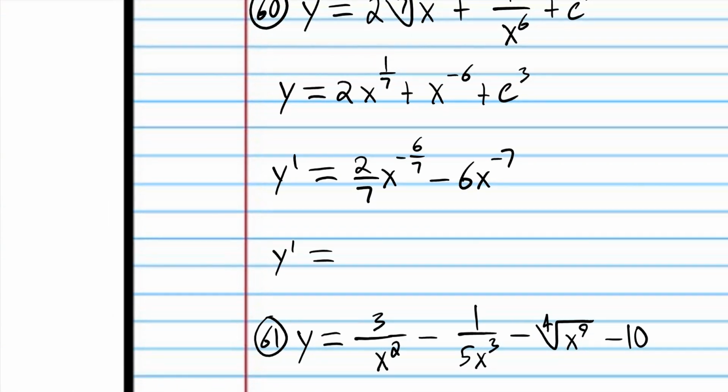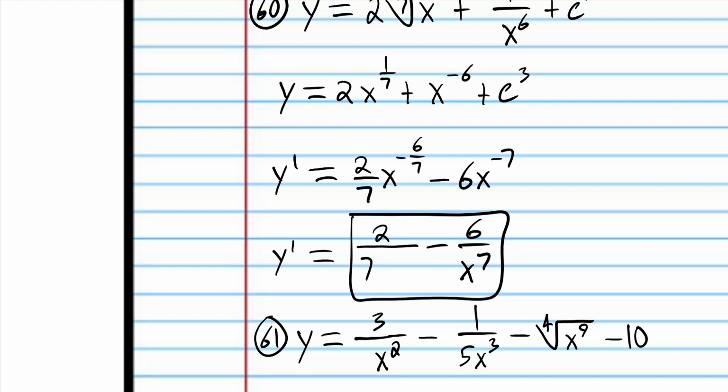So that's going to be 2 over 7 times the 7th root of x to the 6th power, minus 6 over x to the 7th power.